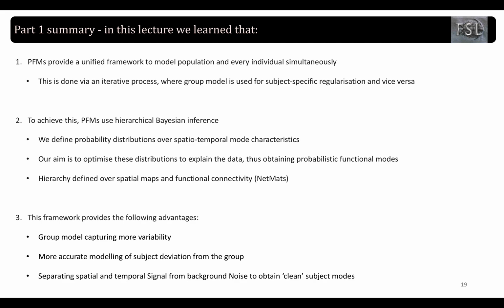And finally, because the estimation of the clean time courses and cleaner spatial maps for single subjects can be very challenging, the PFMs implement mechanisms so that the signal and the background noise can be separated from each other. This is it for part 1 of the lectures on PFMs.